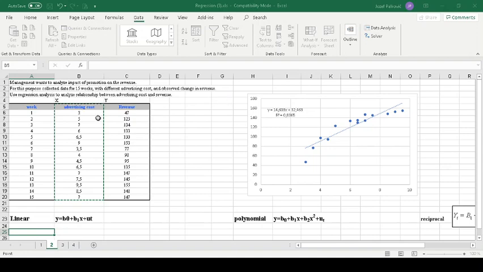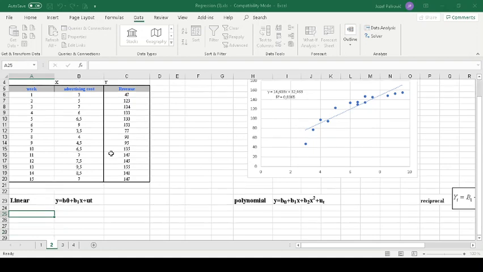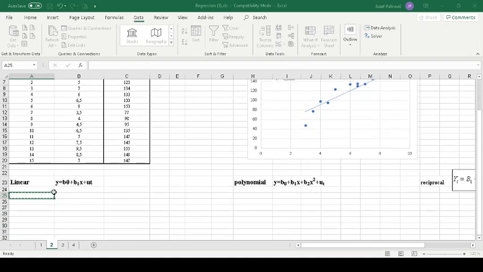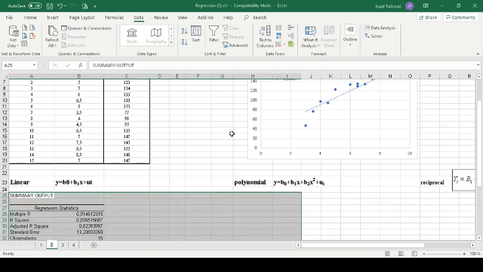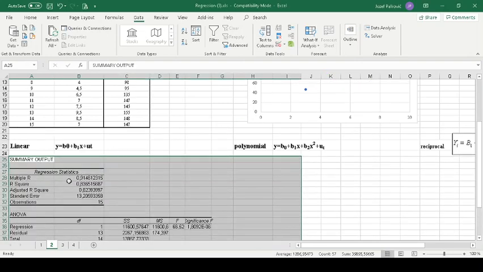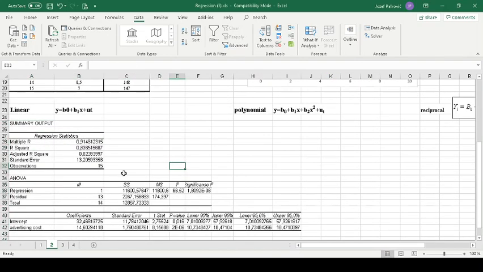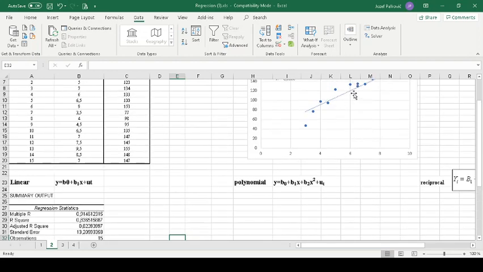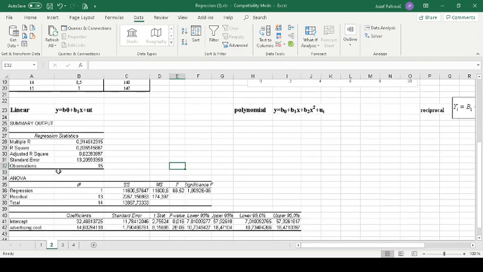I selected also labels, so I will check labels. I will select output range because I want to have all the regression outputs in one sheet. That's all we need, so it's not necessary to check any additional outputs. Click OK, and this is linear regression. So actually you can see this linear function in this regression output.